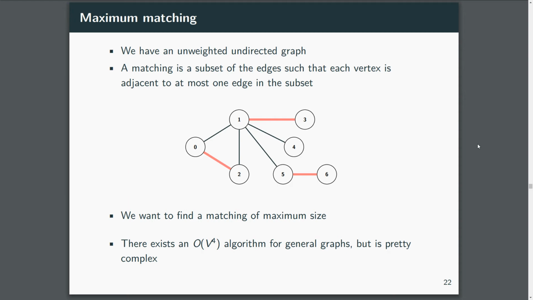And therefore it's called the Blossom algorithm, because what it does is it takes the odd cycles and it compresses them into one node. And thus it simplifies the graph without ruining the answer. And it just maintains an extra count of what matchings are in the cycle itself. Like I said, it's pretty complex. Luckily for you, you don't have to learn it and write it on the final exam.